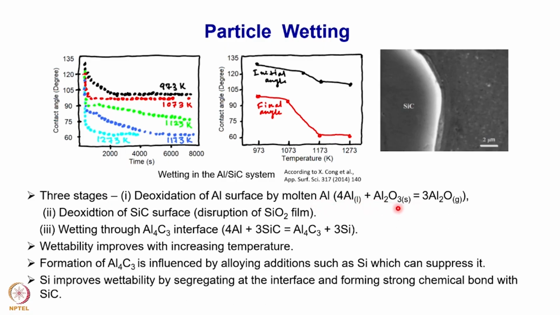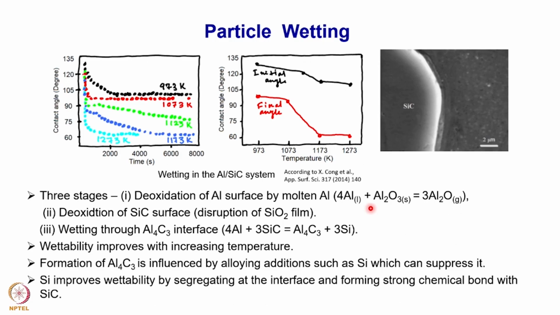Aluminium is prone to oxidation, so when the reinforcement is added, chances are fresh aluminium surface will not come in contact with the reinforcement. Rather, there will be a layer of aluminium oxide, and this will prevent the bonding between the ceramic reinforcement and the aluminium metal.